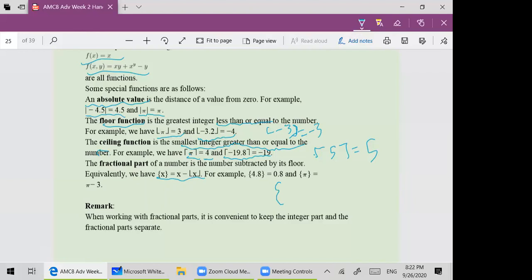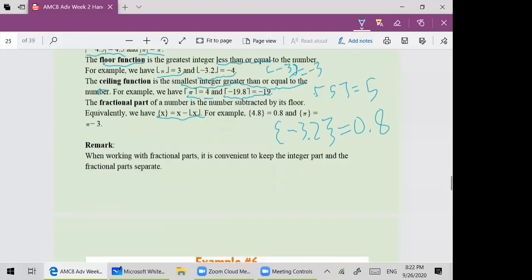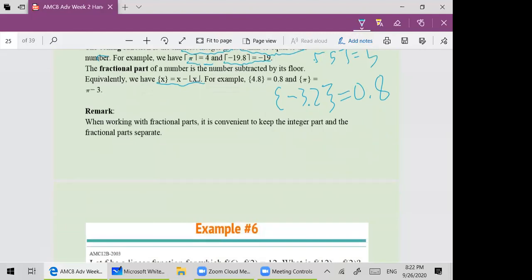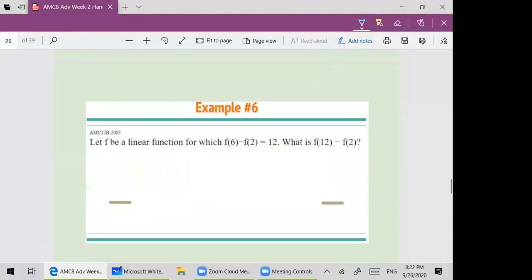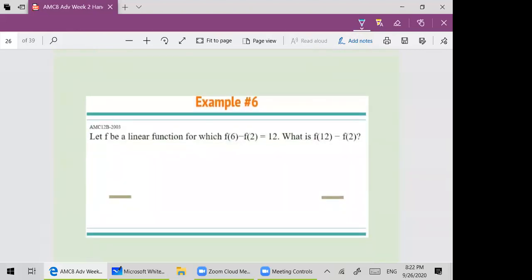That's not true. The fractional part of negative 3.2 equals 0.8, for example. Now, when working with fractional parts, it's often better to keep the integer and the fractional parts separate. Here's your next example.